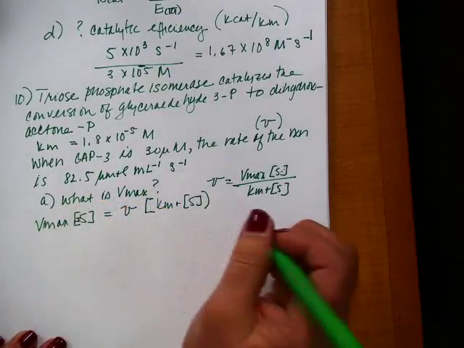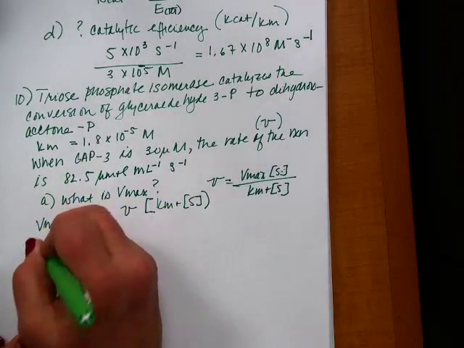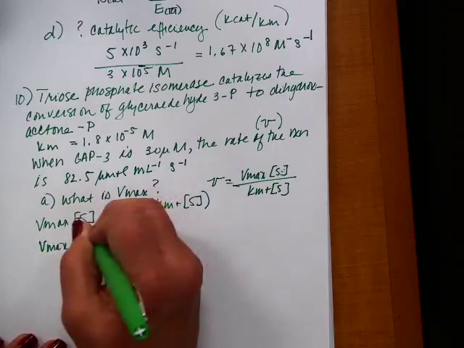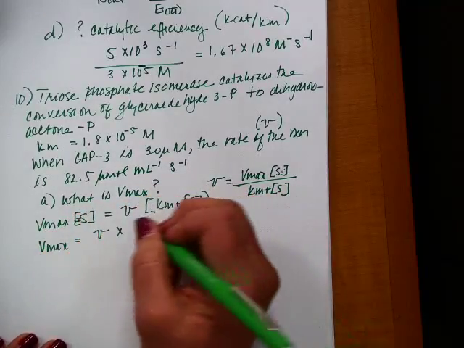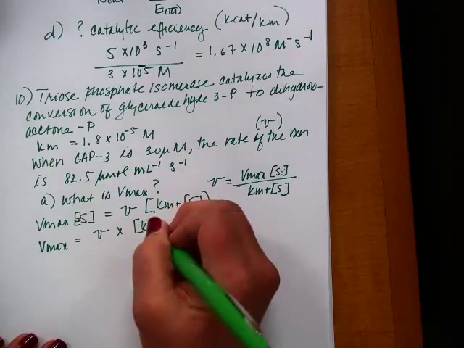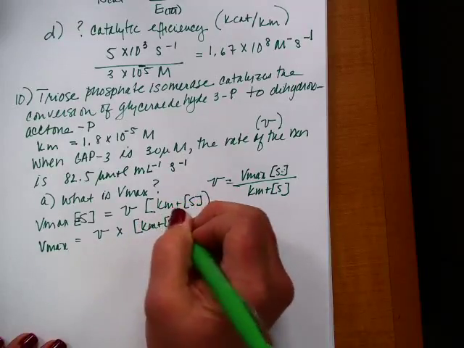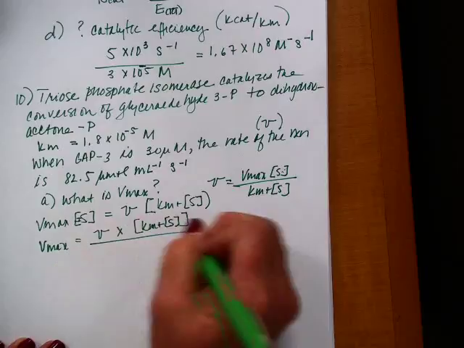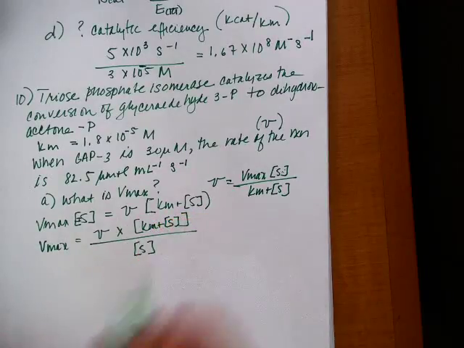Further rearranging, Vmax will equal velocity times Km plus substrate concentration over substrate concentration.